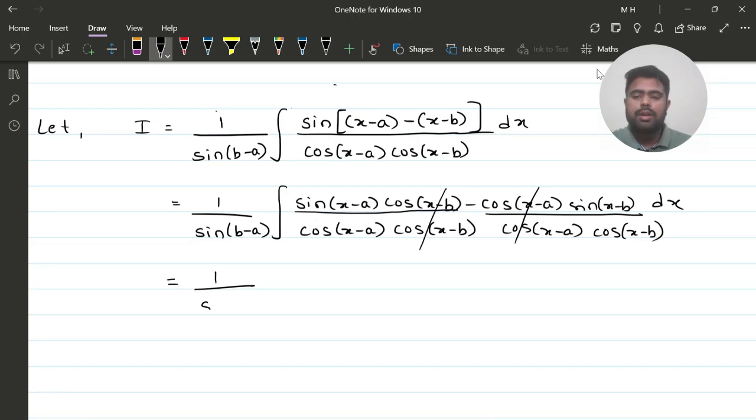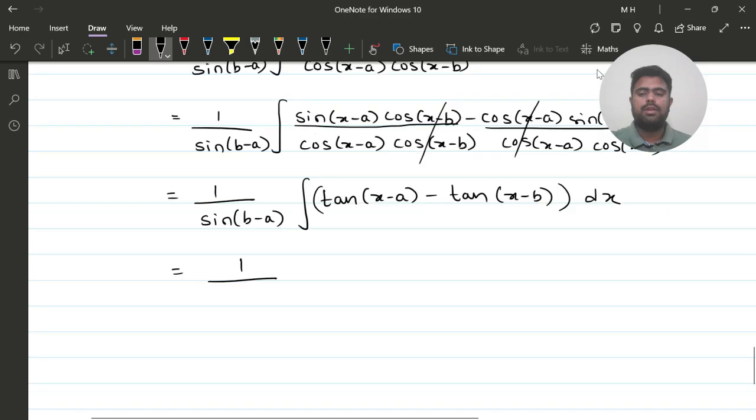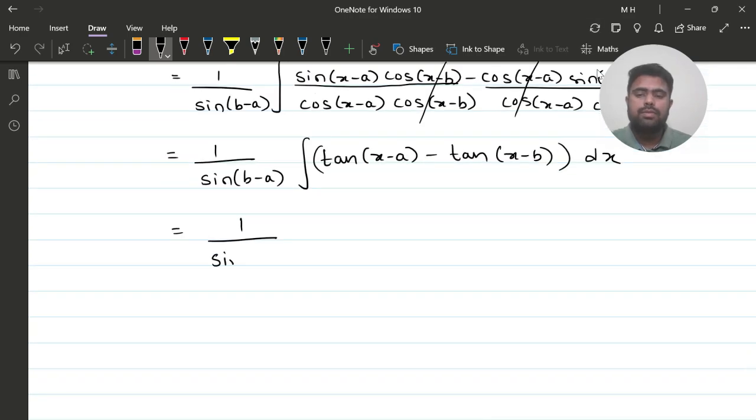What I would get is 1 by sin of b minus a into the integral of sin by cos, which is tan of x minus a, minus sin by cos, which is again tan of x minus b, dx. So this is equal to 1 by sin of b minus a into, what is the integral of tan x?